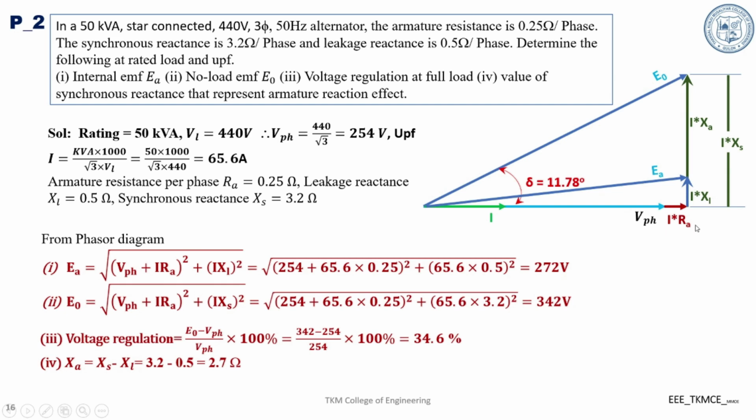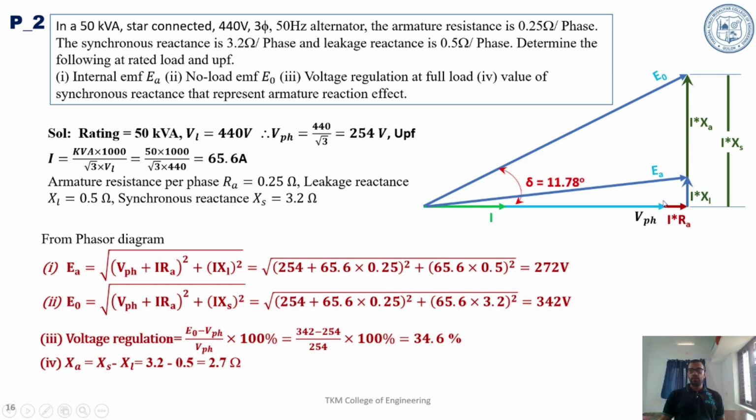Here, I into RA and I into XL are actual voltage drops, but I into XA actually represents armature reaction effect. It is actually an MMF phasor, but in the EMF method, armature reaction reactance is treated as additional leakage reactance. So I into XA is a phasor that represents voltage drop in the case of the EMF method.